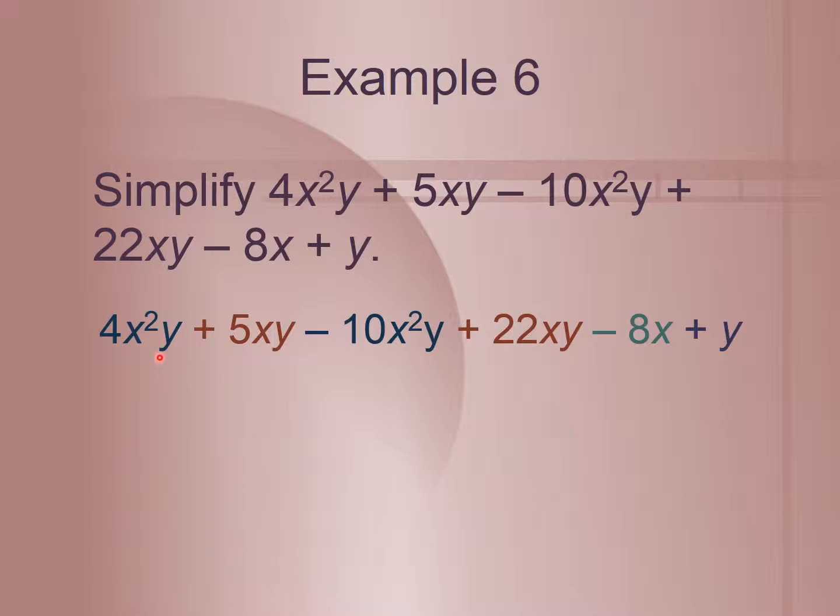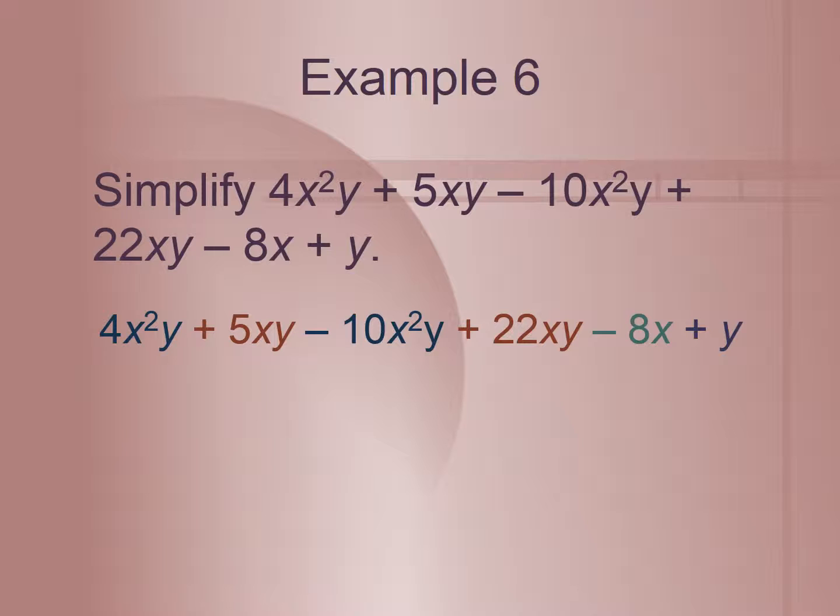The only term that is alike for this one is this minus 10x squared y. In brown, I have 5xy, and the only term that's like 5xy is 22xy. And then in light blue, I have negative 8x, which is not alike anything. And then lastly, I have y, which again has nothing alike.